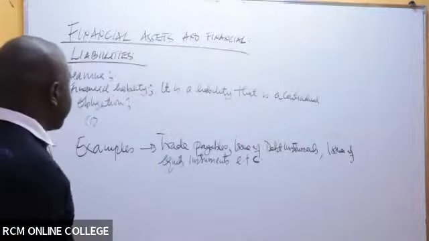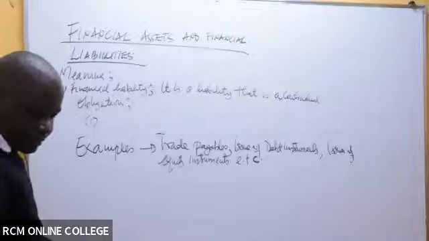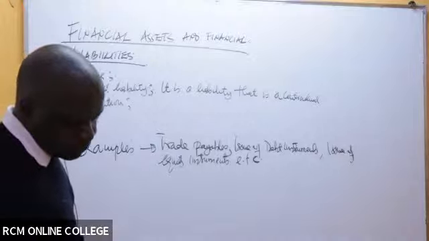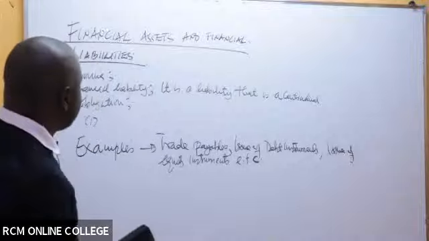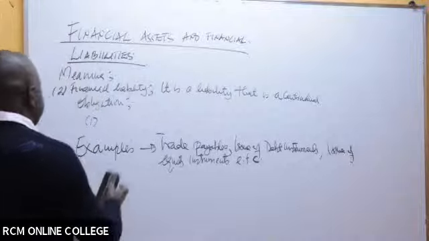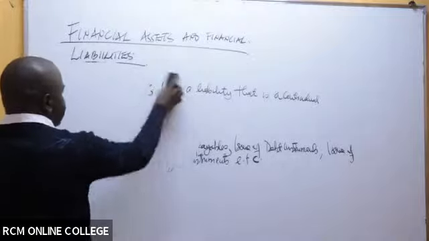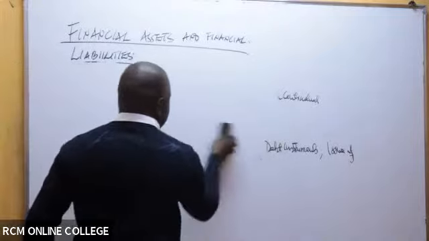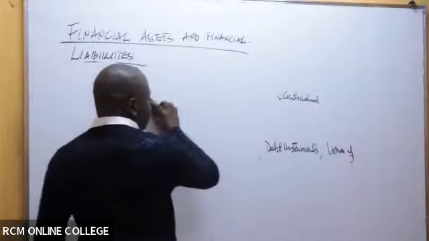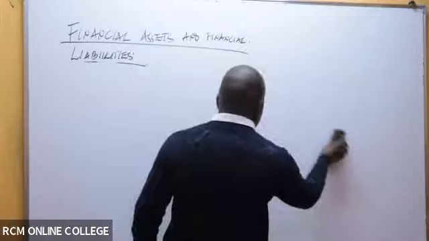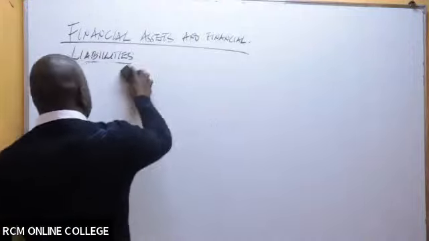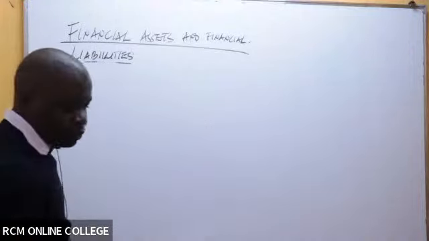So the last thing you can write briefly is derecognition. Once the contracts arise, you have to recognize them as part of the assets. But there's a particular point in time when you'll have to derecognize them.